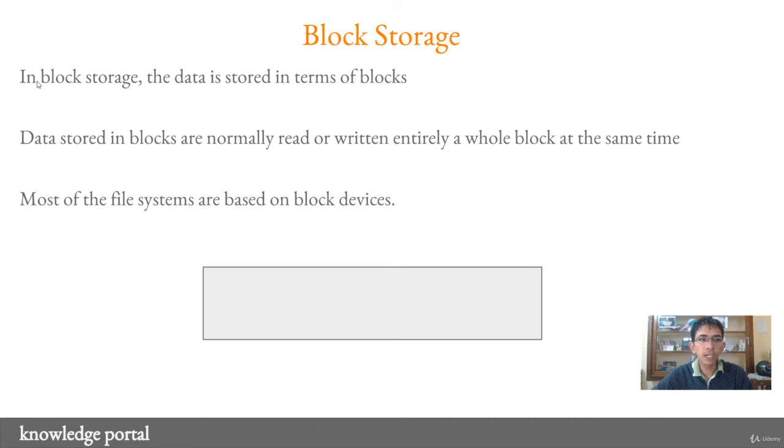Now in very simple terms, in block storage the data is stored in terms of blocks. So let's assume that this is a storage device, for example a hard disk drive. In block storage, whenever you install a file system like NTFS or ext3 or ext4, the file system will actually divide the storage in terms of blocks.